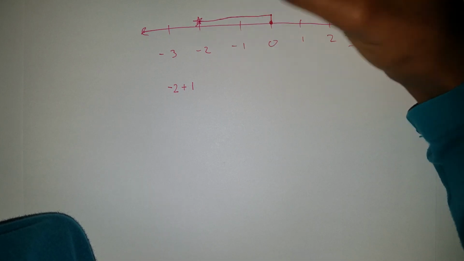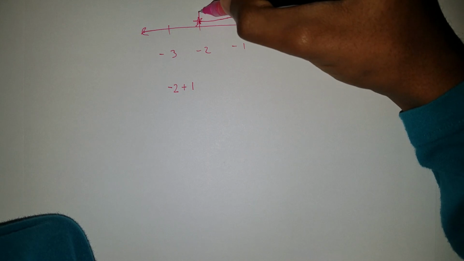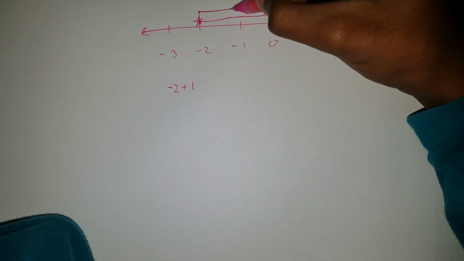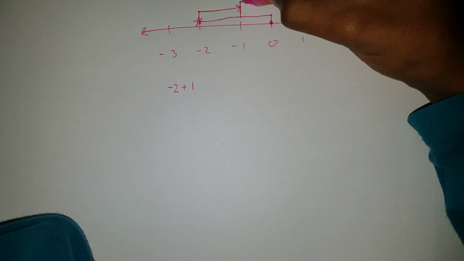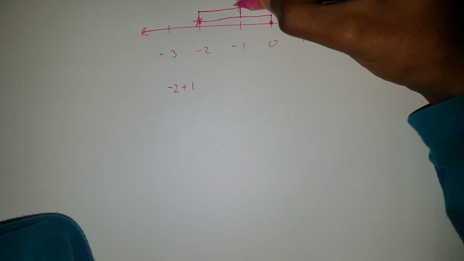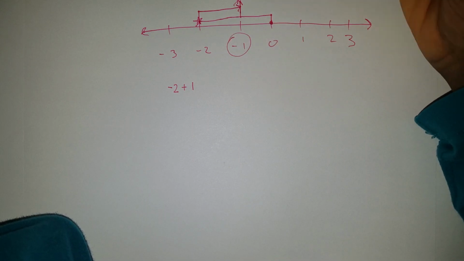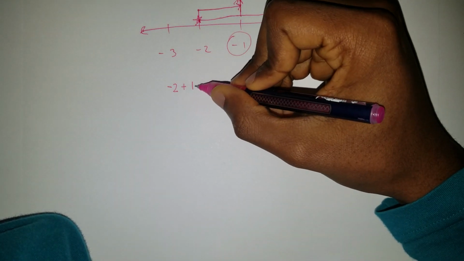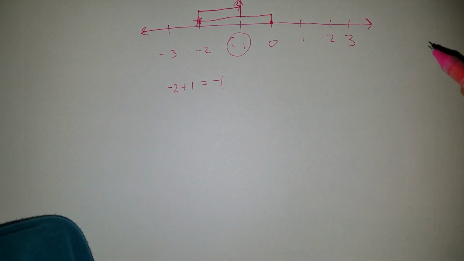So now we're at -2. And then we pick up and we go right 1 unit, symbolizing our plus 1. To see where we've ended off at is -1. Therefore, -2 plus 1 is equal to -1, simply looking at the number line.